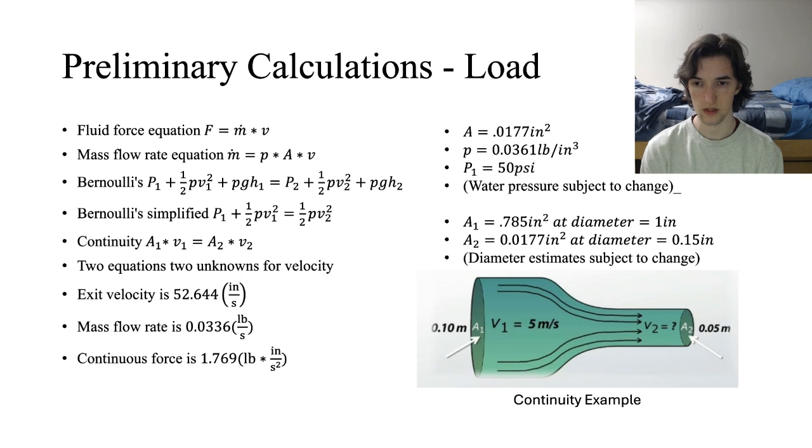We just plug those into the Bernoulli's and continuity and solve for velocity, and then solve for the force on the deflector. We found the velocity to be 52.6 inches per second, and we found the force to be 1.769 pounds. The force was converted to newtons for the Excel calculations, which I will also go over.